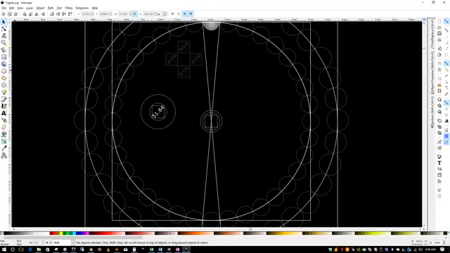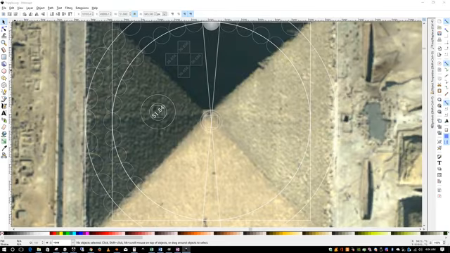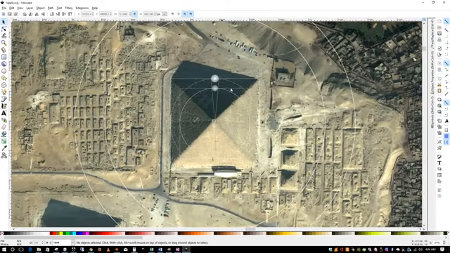So if we turn on our image of the satellite, let's turn that on real quick. First of all, you have to get all your measurements right, and then what I usually start with is the 756 size square.